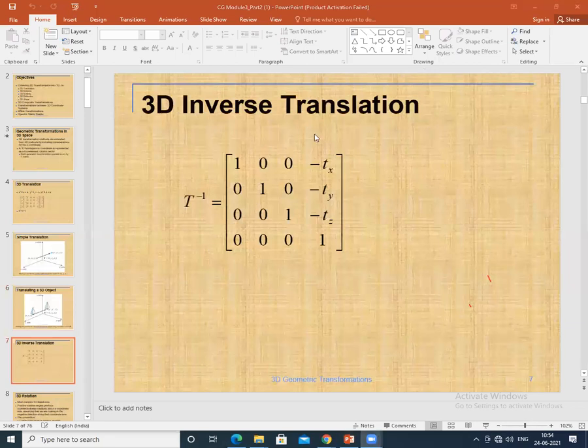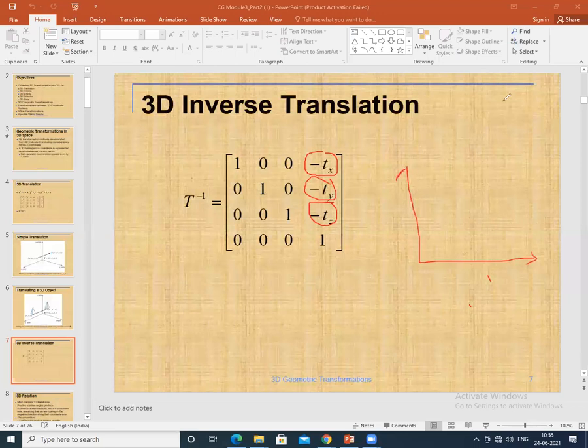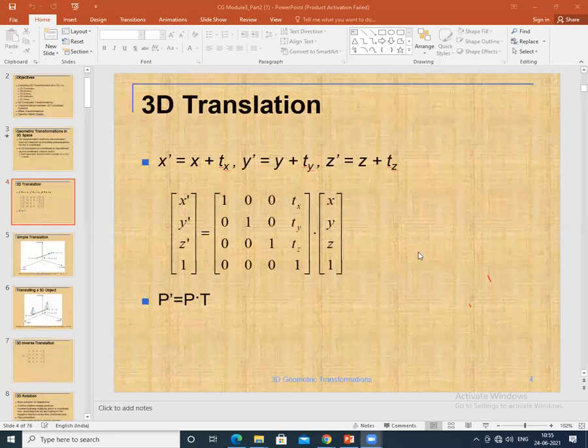We are simply shifting the position of a three-dimensional object using a translation vector. What is inverse translation? Inverse translation is nothing but going in the negative x-axis, negative y-axis, negative z-axis. It is a back translation.